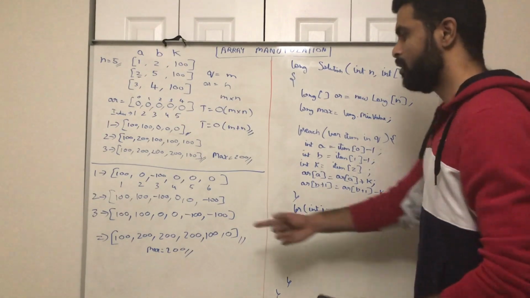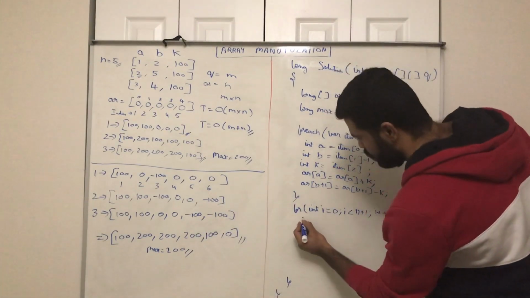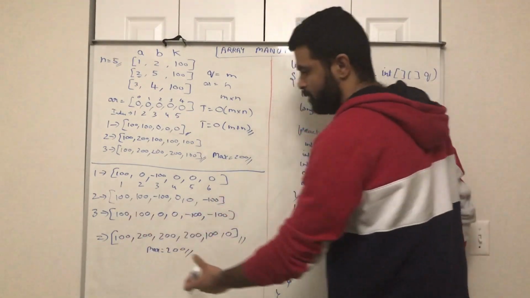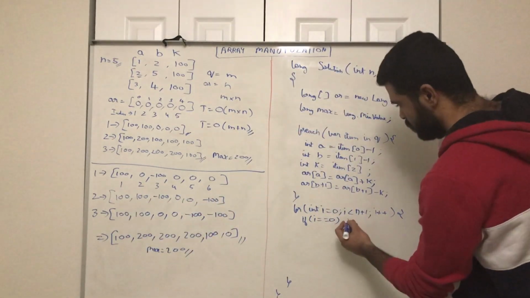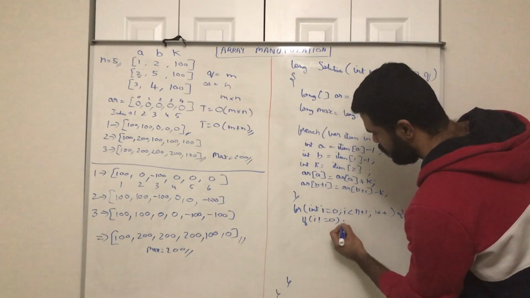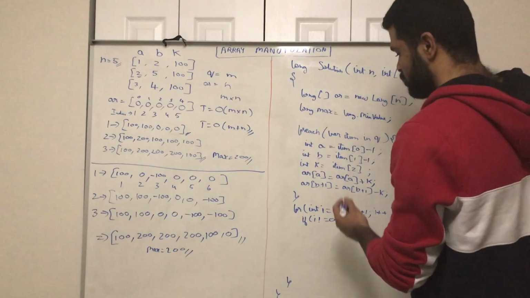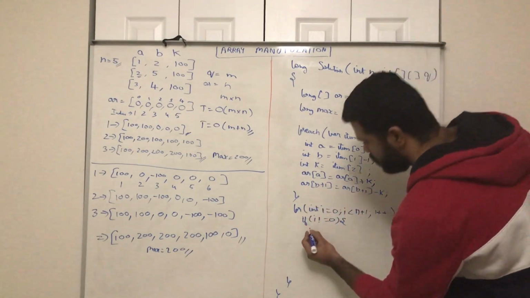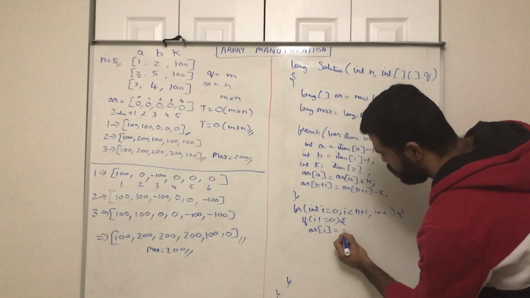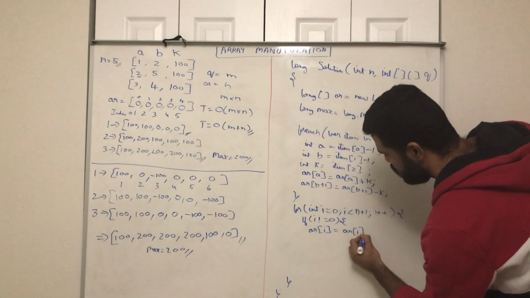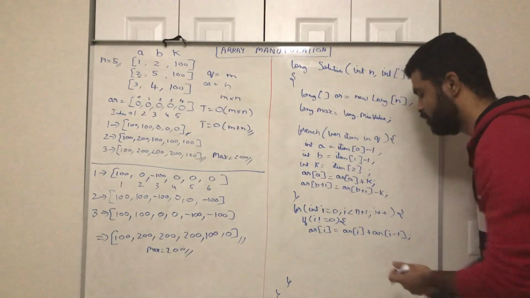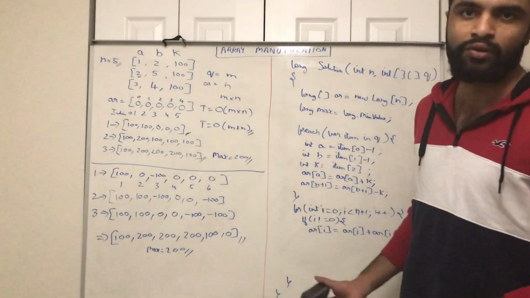Okay, so now I'll apply the prefix sum. If i equals 0, it is the first element, so I am doing nothing. For that reason I will skip when i equals 0. If i is not equal to 0, I'll perform the operation, which is array of i equal to array of i plus array of i minus 1. So current element plus previous element when i is not equal to 0.